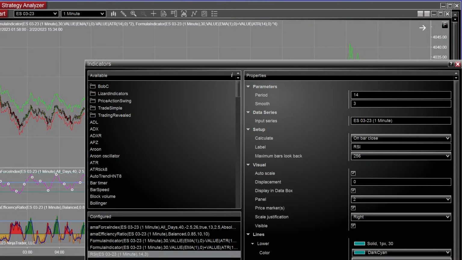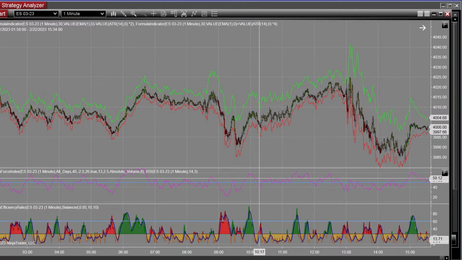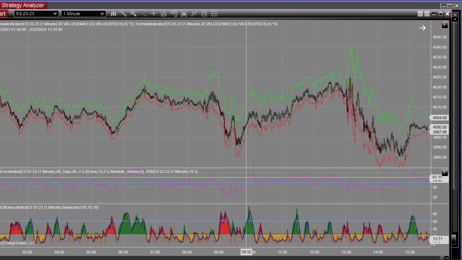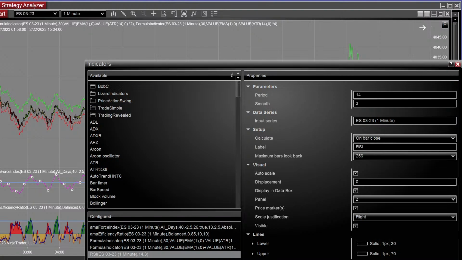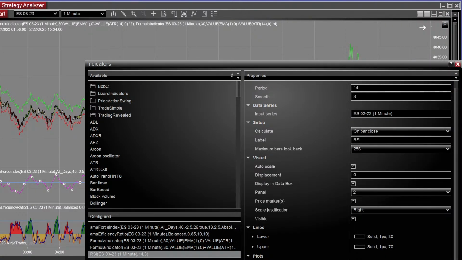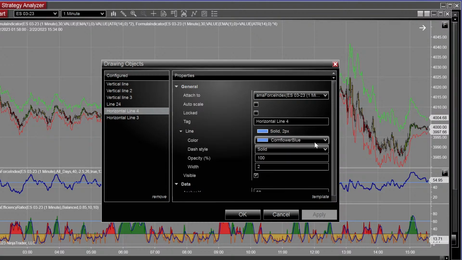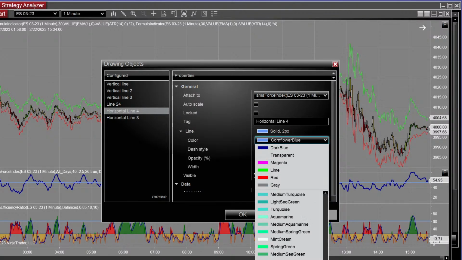Get rid of those lower, and actually I'll make them 50. No, let's make it transparent. There we go. Now we can see it good. Let's make this line yellow.